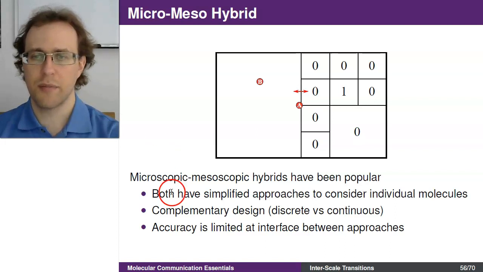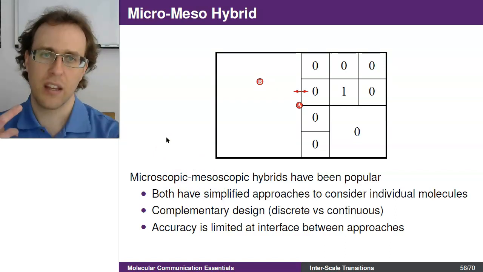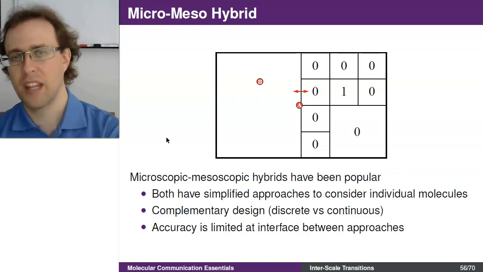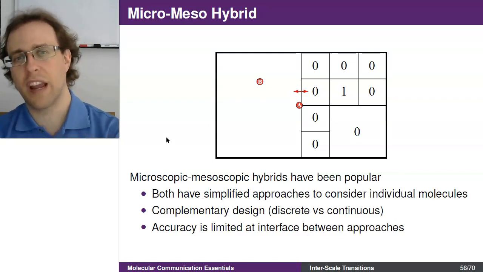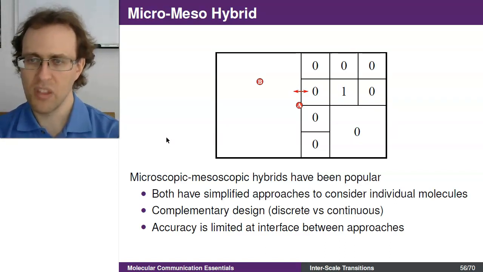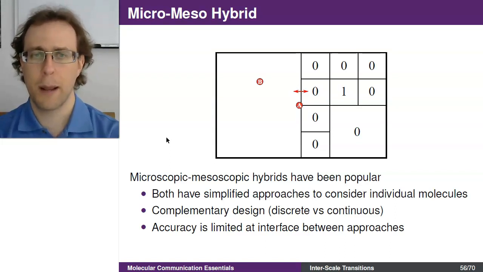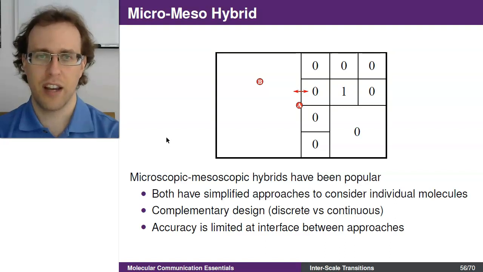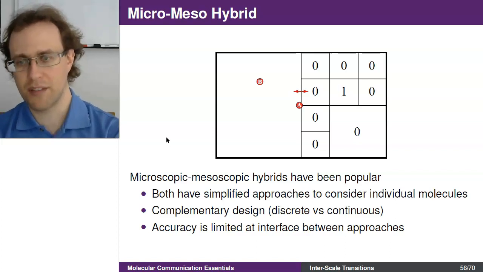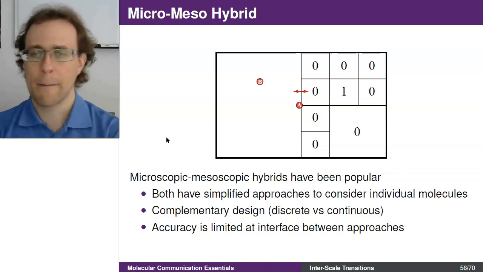They don't consider solvent molecules. They consider a continuum, so some kind of diffusion coefficient is associated with them. But they do have some way of tracking individual molecules, which the continuum approach doesn't. I mentioned before there's this kind of complementarity in their design. You have discrete in time, continuous in space in micro, and then discrete in space, continuous in time, meso. So by combining the two of these, you can take advantage of that duality.